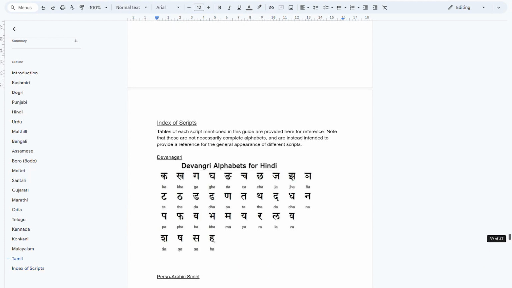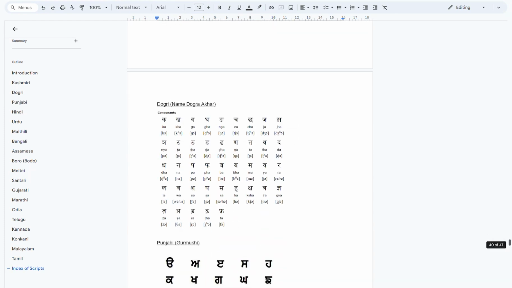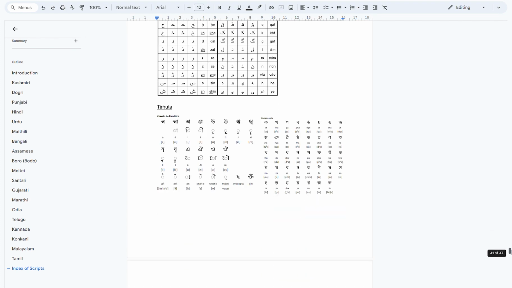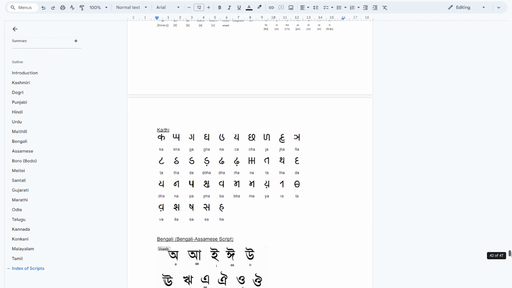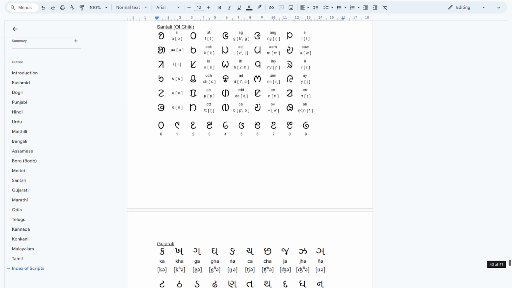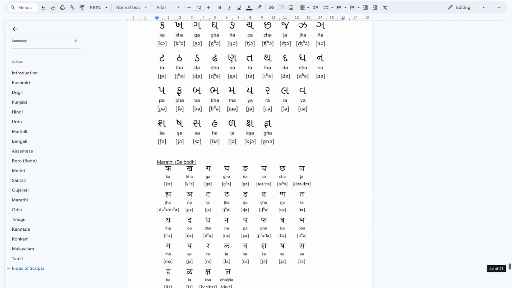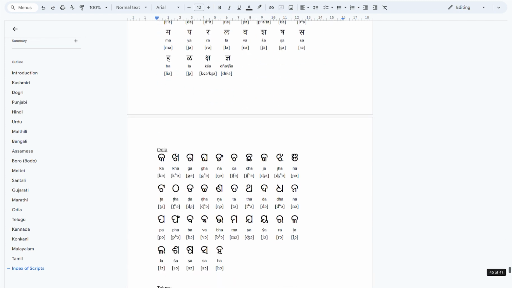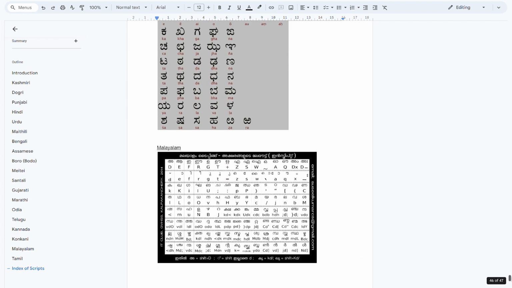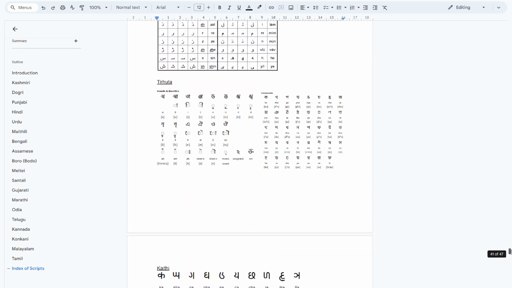We've got Devanagari, Perso-Arabic, Dogra Akkhar, Gurmukhi, Nastaliq, Tirhuta, Kaithi, Bengali-Assamese, Meitei, Santali, which is written in the Ol Chiki script, Gujarati, Marathi in the Balbodh script, Odia, Telugu, Kannada, Malayalam, Tamil.